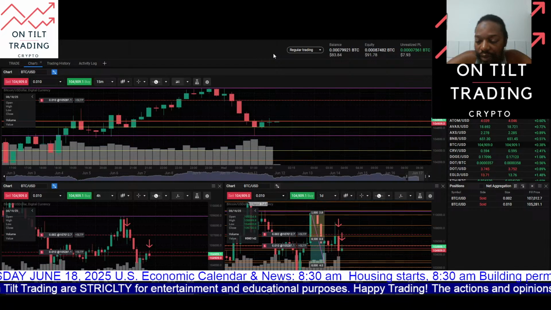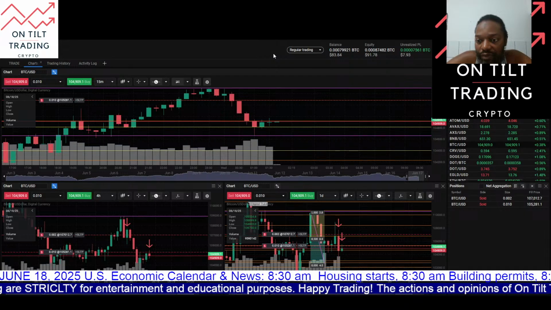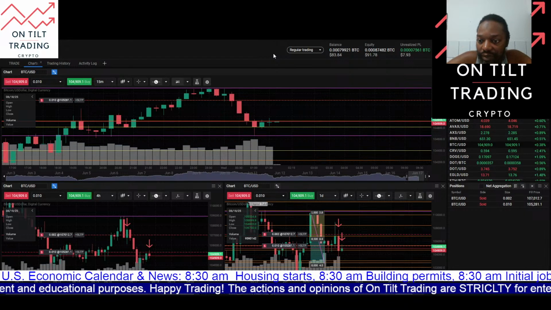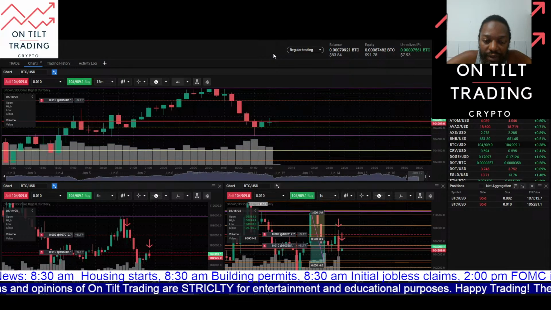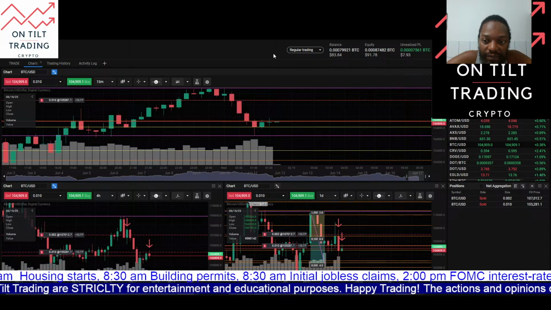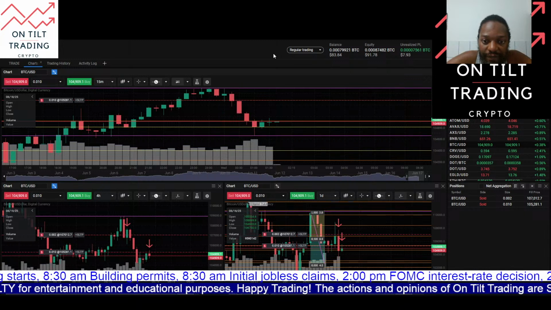Price back at the 104,900 level, trading at 104,909, and testing the reactionary level just above this price.